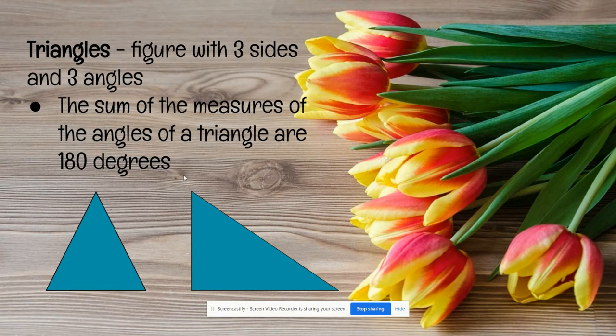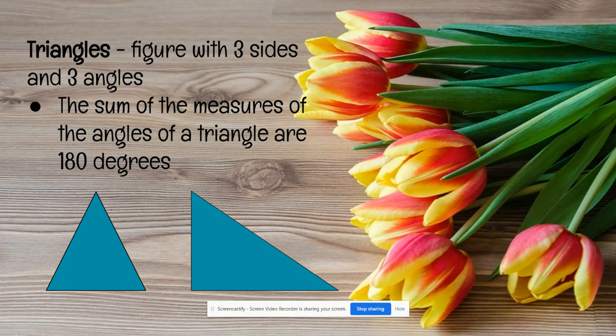We are going to kind of define what a triangle is and then get into a couple of examples that you guys are going to see throughout this chapter and throughout your homework. So a triangle, the definition of that is a figure that has three sides and three angles.